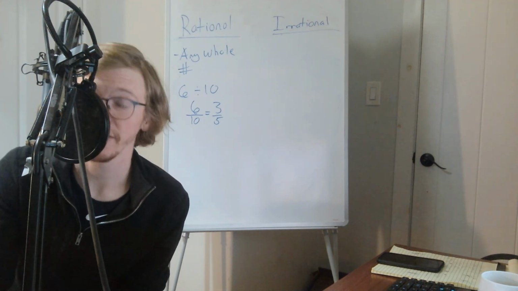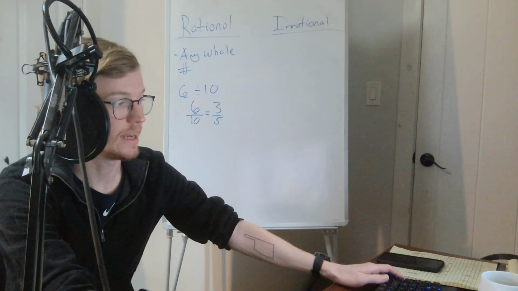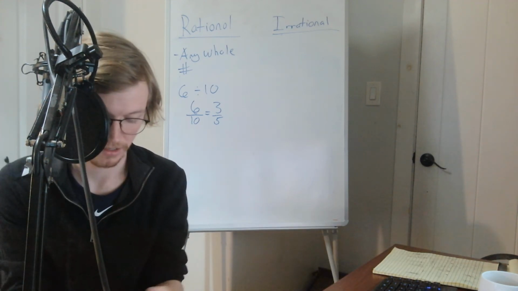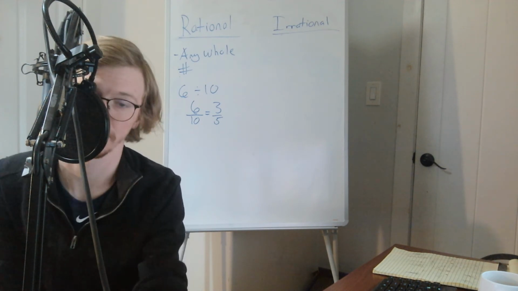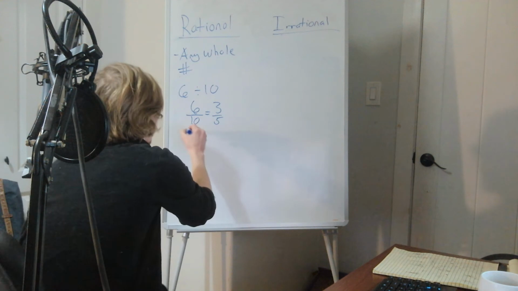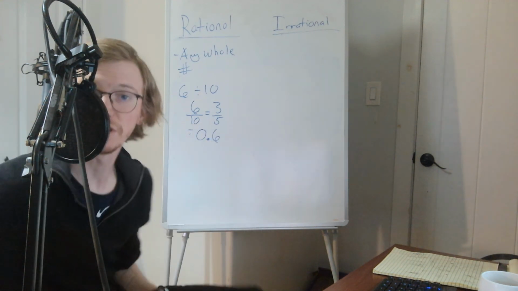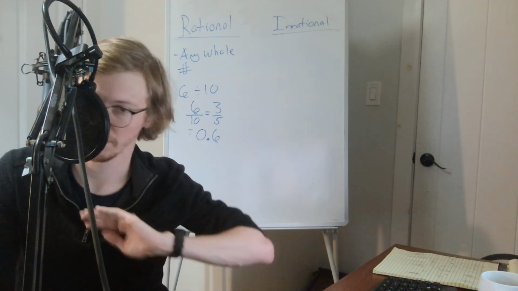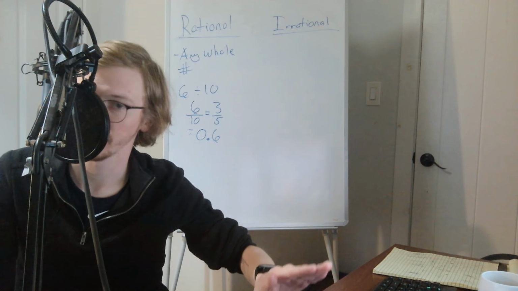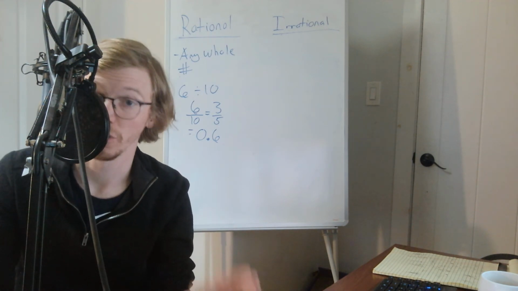And 3 over 5 is a rational number, because that fraction is 0.6. That is a decimal that ends. It's just 0.6, 3 over 5. It can be represented as a ratio or a fraction.